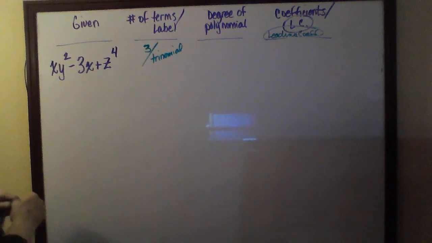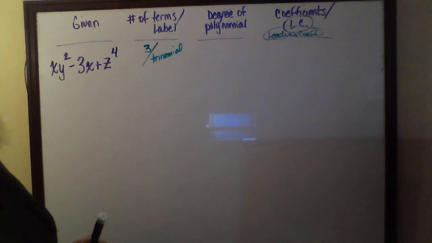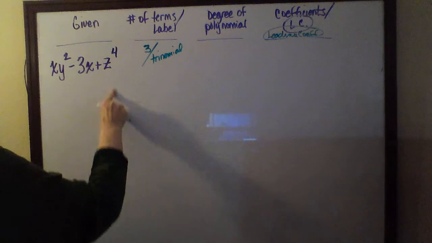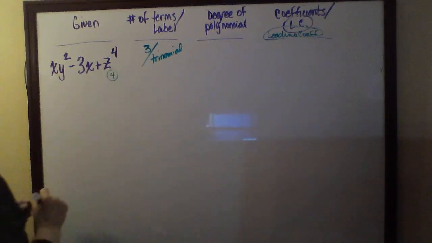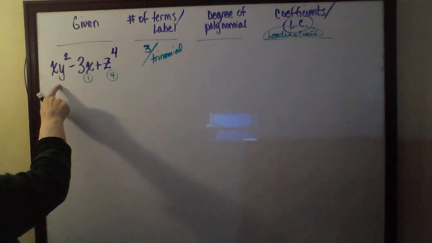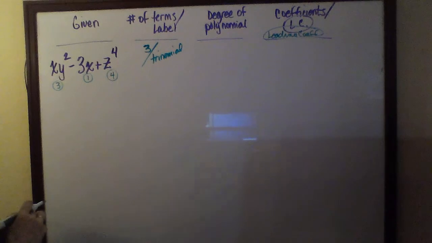The degree of the polynomial now is still based on the highest degree of any single term, and you can tell from this one right here it has a degree 4. This one has a degree 1, but this one right here is going to be degree 3, because you just add together the exponents for the term's variables.